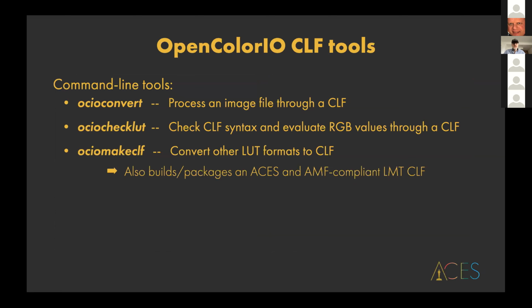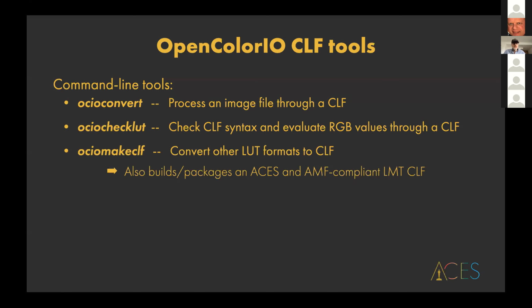There are a number of interesting command line tools that have recently been added to OpenColorIO. There's ociochecklut to process an image through a CLF. There's ociocheck to check the syntax and evaluate an RGB value. And there's ociomakeclf, which will convert other LUT formats into CLF.